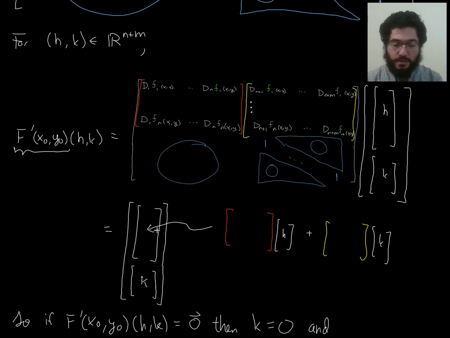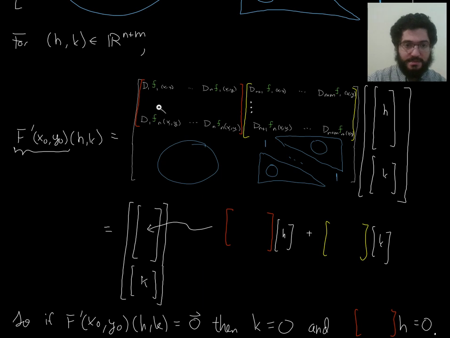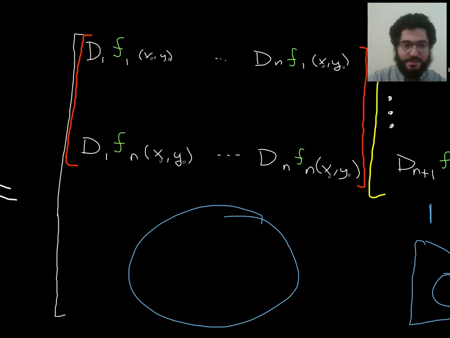So since I'm assuming that what comes out here is 0, and this is 0, then I have the red matrix applied to h is 0. But let's have a look at the red matrix.